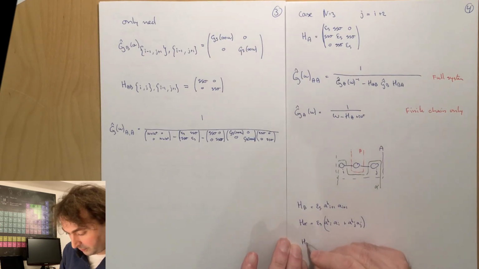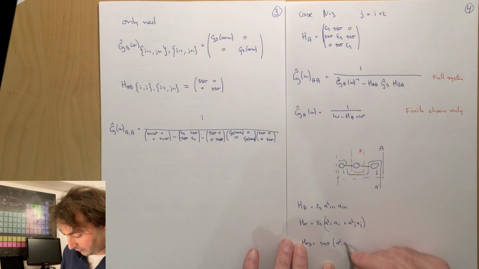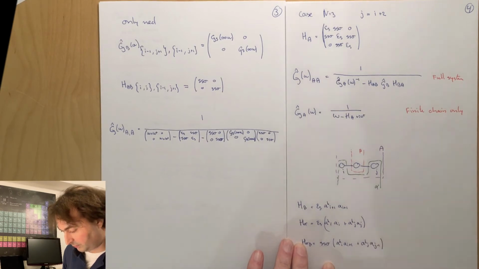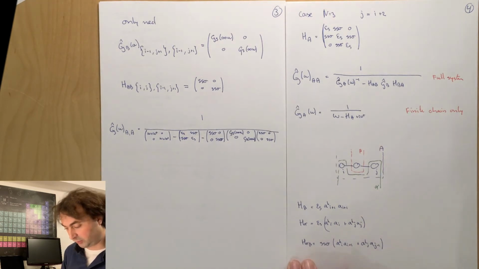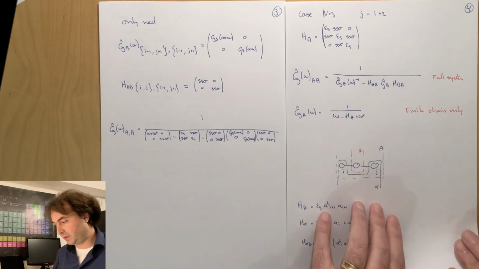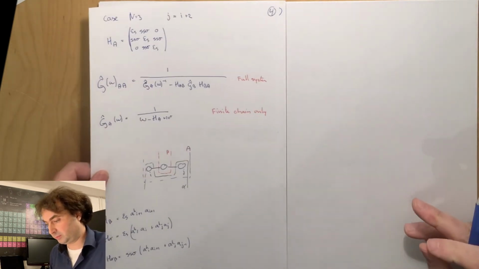And the coupling between them is given by the hopping a dagger i, a i plus 1 plus a dagger j, a j minus 1. And this tells you how you go from beta to alpha. Of course you have also the going from alpha to beta, which is the complex transposed of this matrix.